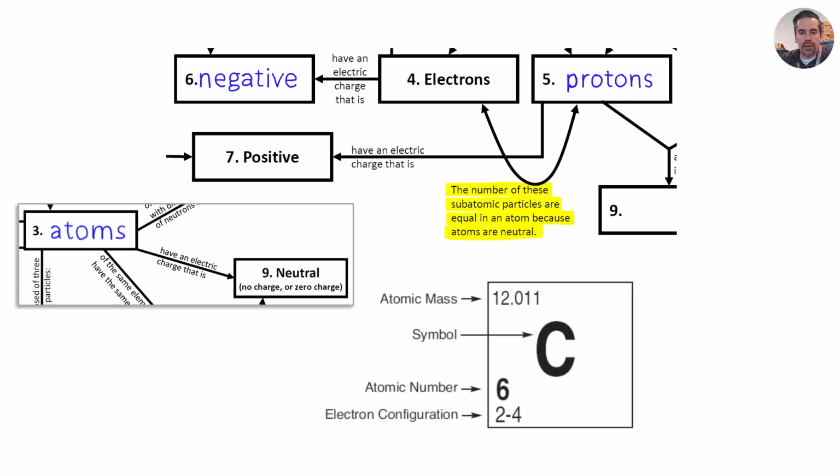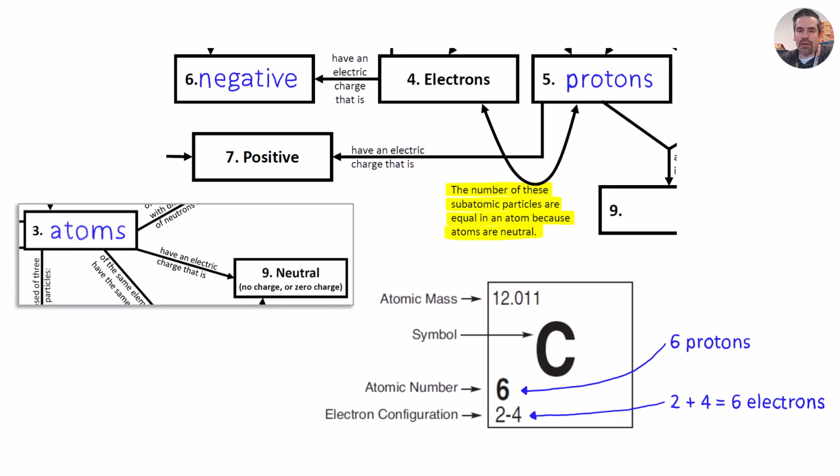And now let's take a look at the number of protons in carbon. We know that there's 6 protons because the atomic number is 6, but we also can look at the numbers right below it, the electron configuration. If we add those two numbers together, we get 6.